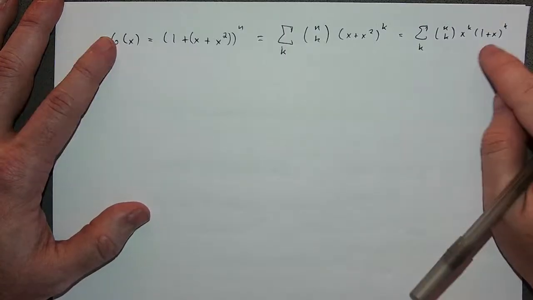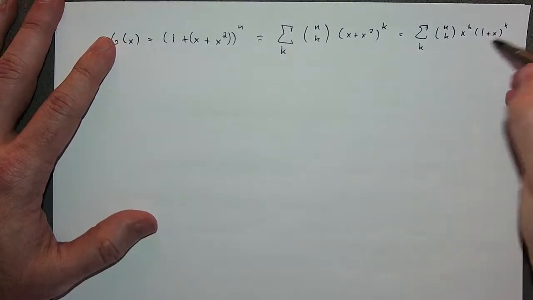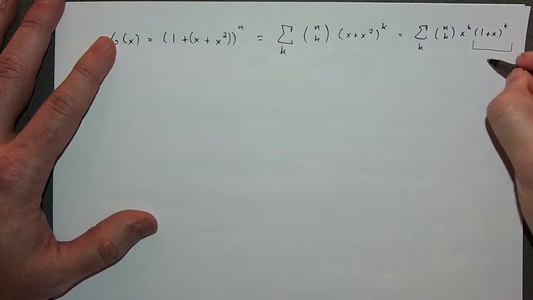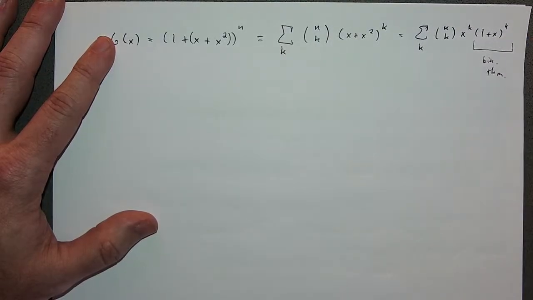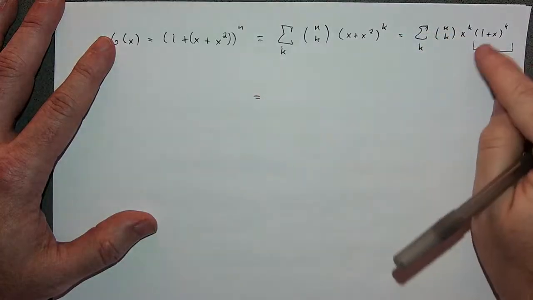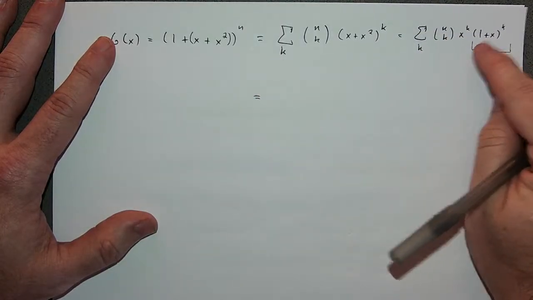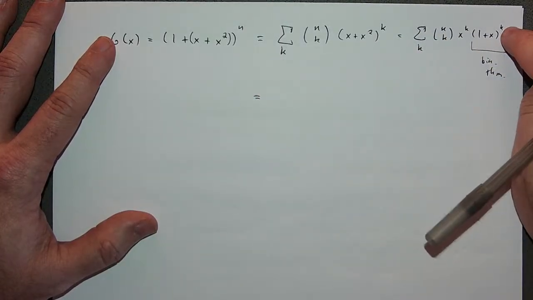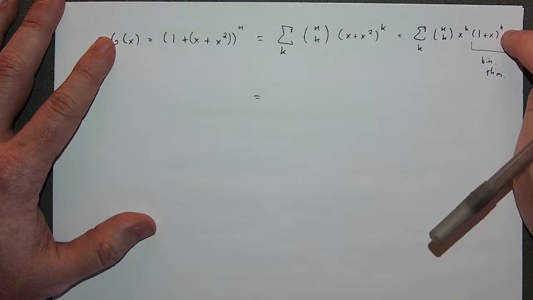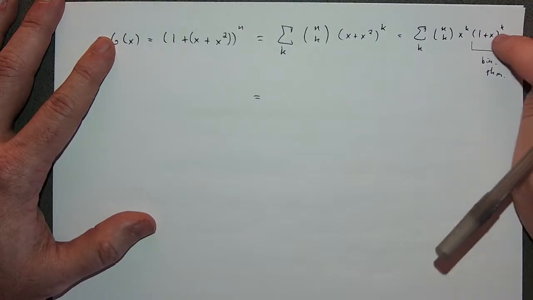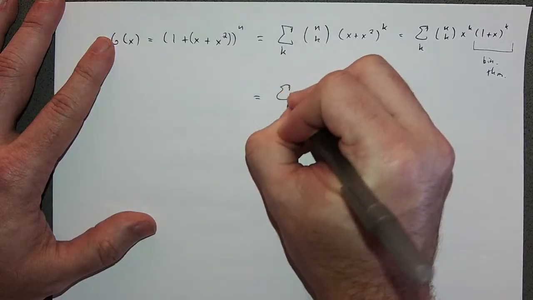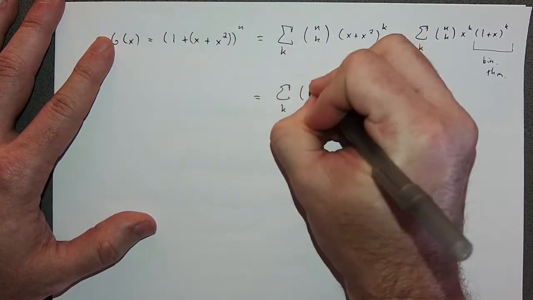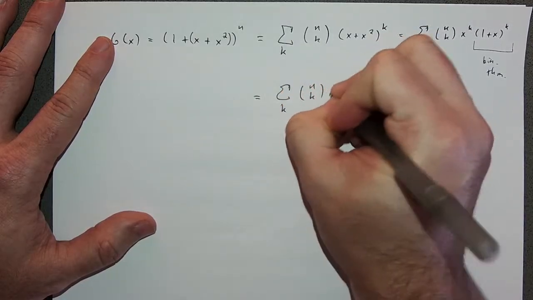But then this (1 plus x) to the k, I can use the binomial theorem on that. I'm going to use a different index here because, of course, this is the binomial theorem for a fixed exponent k, so I'm not going to use k as the index for the binomial theorem here because that wouldn't make any sense. So this is the sum over k of n choose k times x to the k.